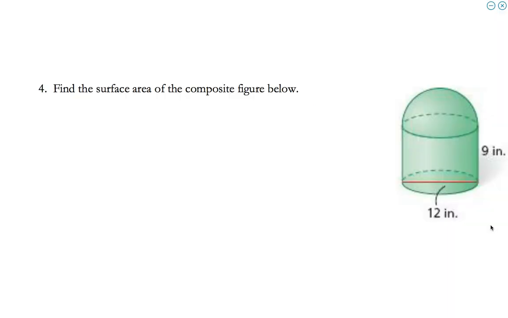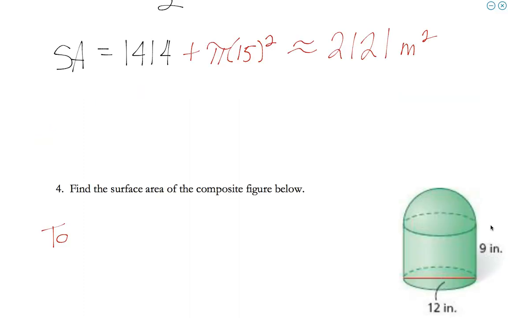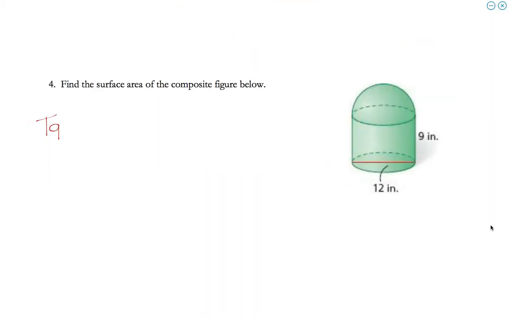And last one, I think we did this for volume. Now we're going to do it for surface area. So the top has a hemisphere. So surface area equals 4 pi. R is 6 squared.